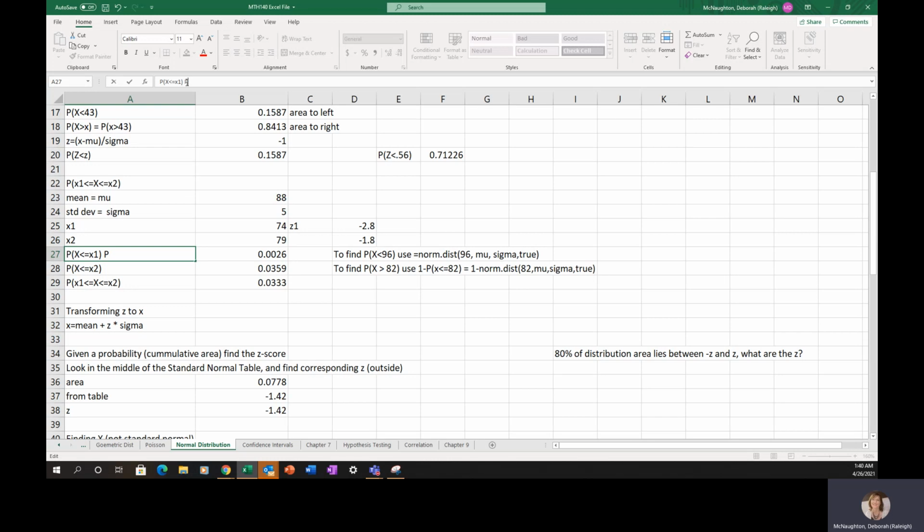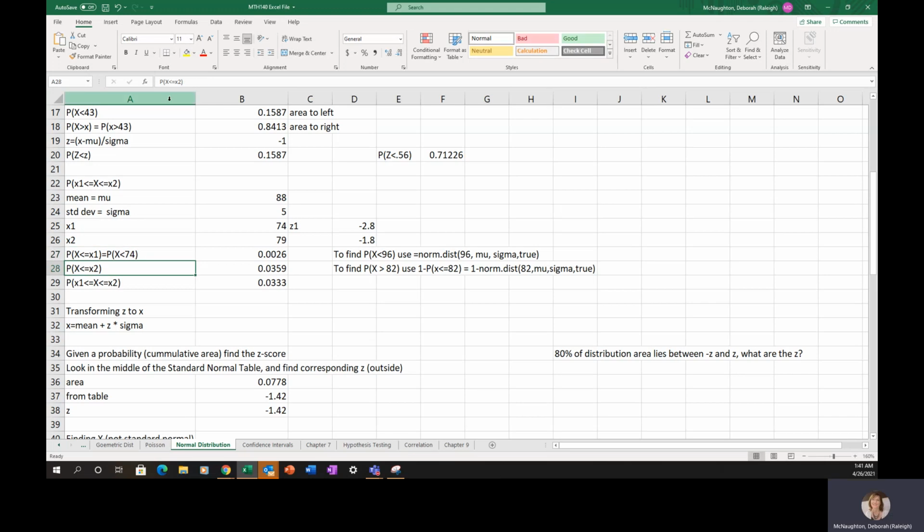So in this case, this is the probability that X is less than, here X1 is 74.